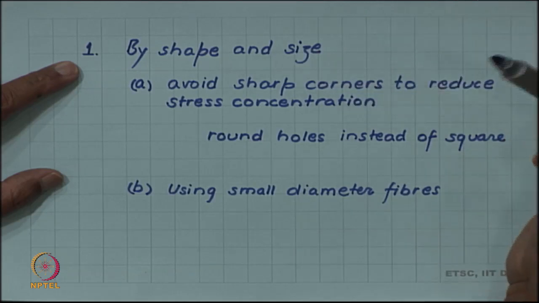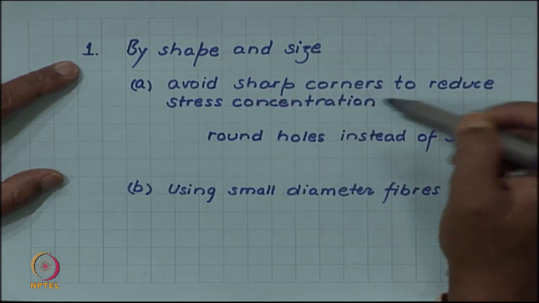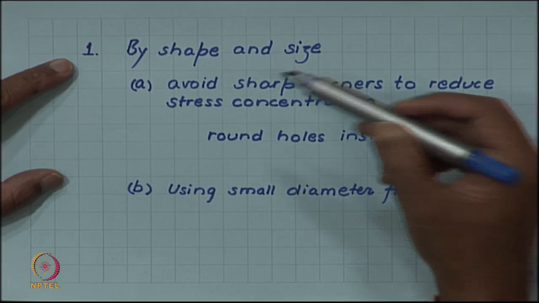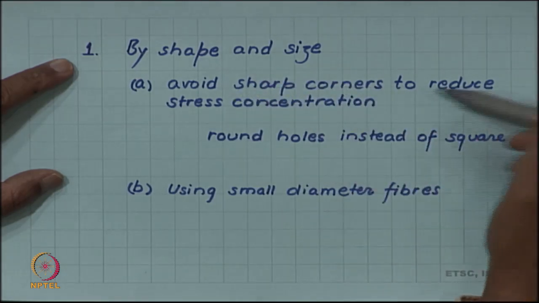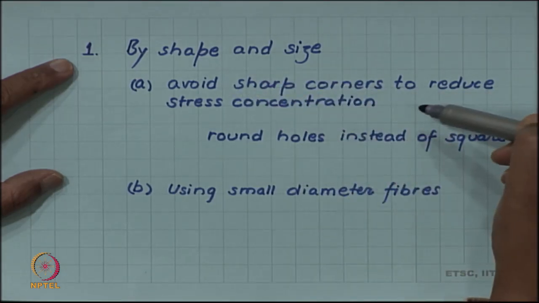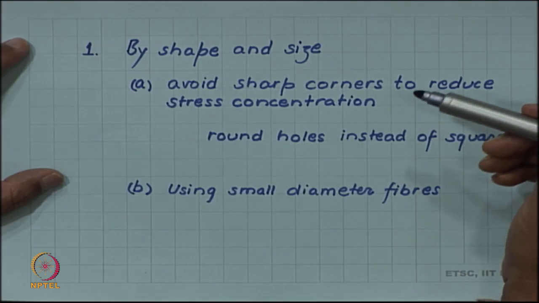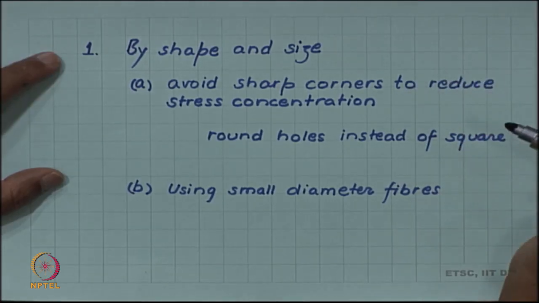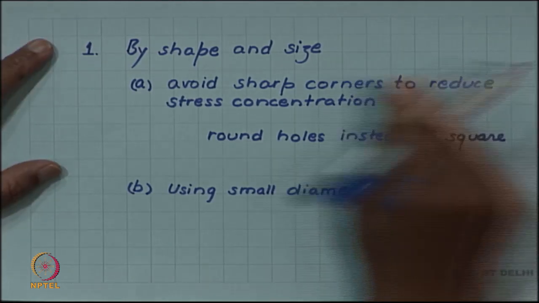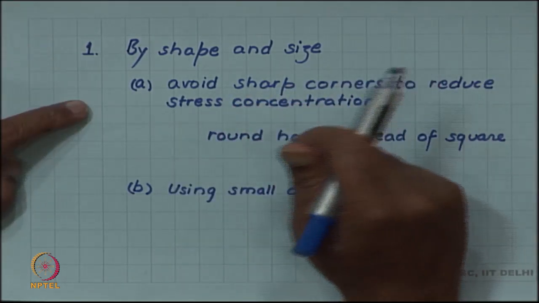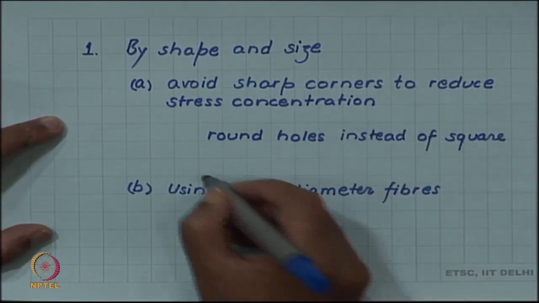We have already seen that sharp corners lead to stress concentration. So, by avoiding sharp corners, one can reduce stress concentrations, and this will enhance the fracture stress of the material. Round holes instead of square ones are a classic example, and we have discussed one particular application of this in airplane windows.